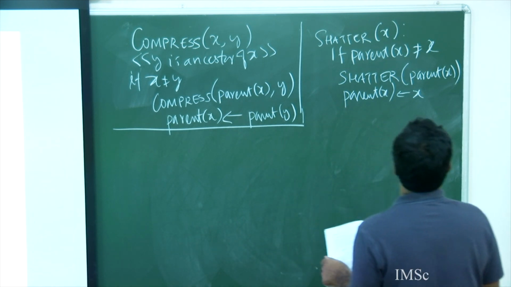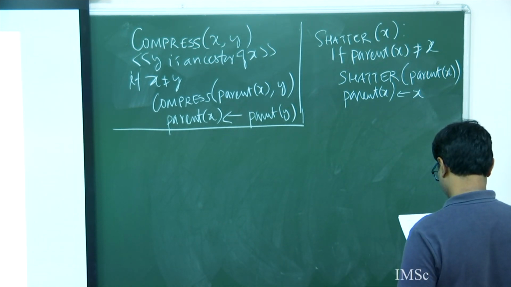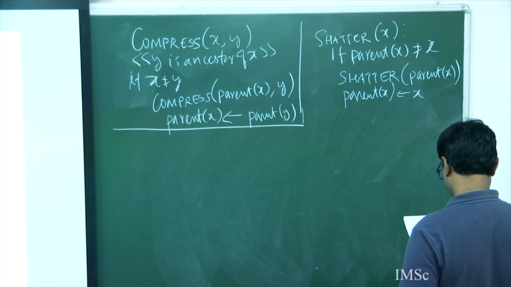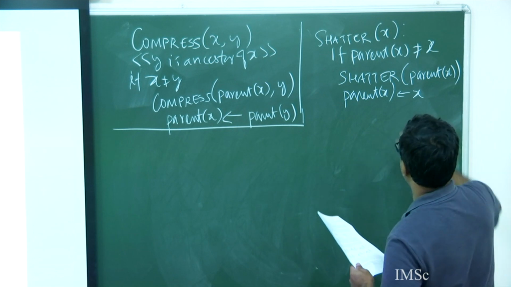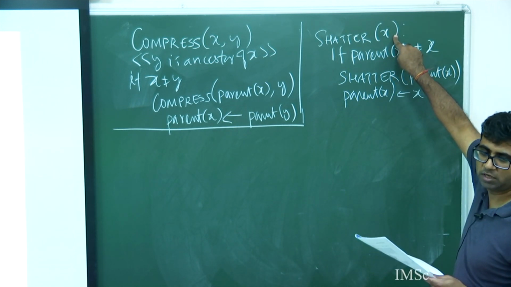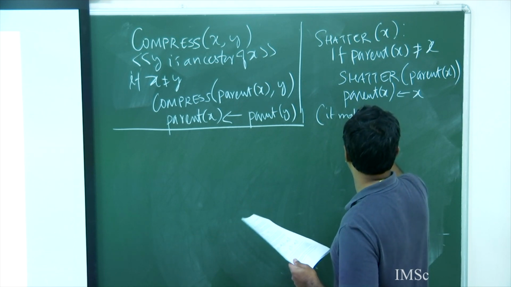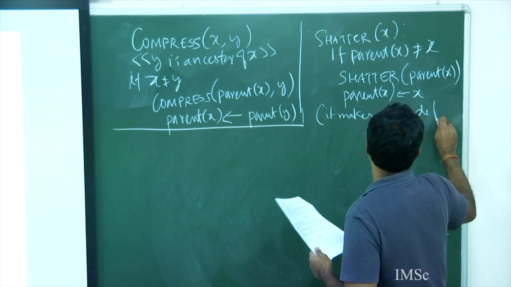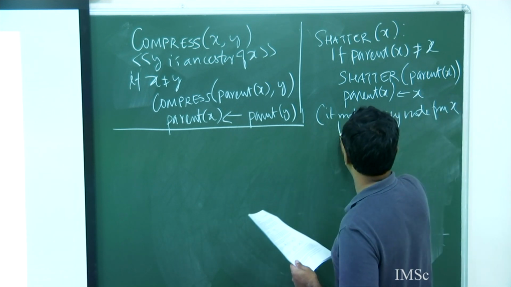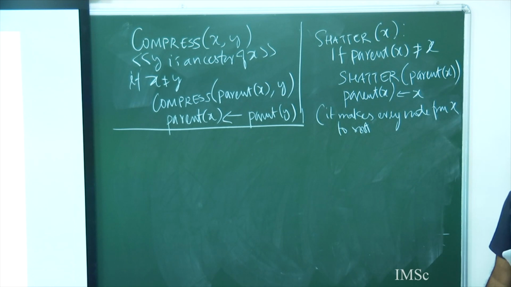I think this should also have two parameters. If I don't give you any parameter, it makes every node from x to the root into its own parent.